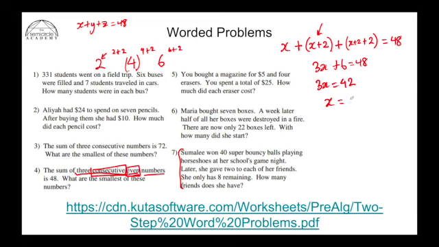So now you find the first number, which is 14. Your second number will be 16, which is 14 plus 2. And then 14 plus 4 is 18. 14 plus 16 plus 18 will give you 48. You can check it in your calculator. 14 plus 16 plus 18 is 48. Alright?